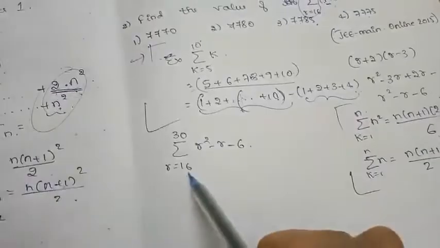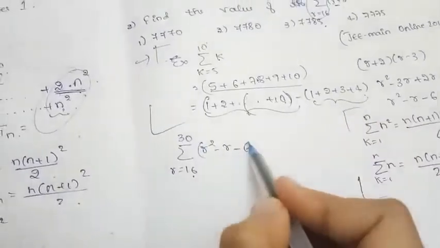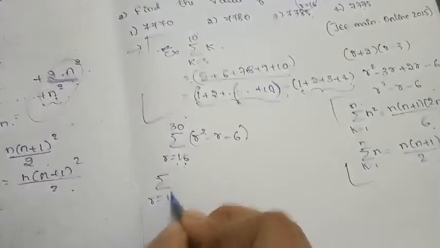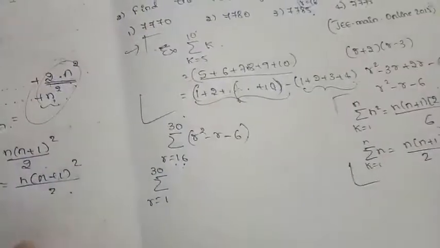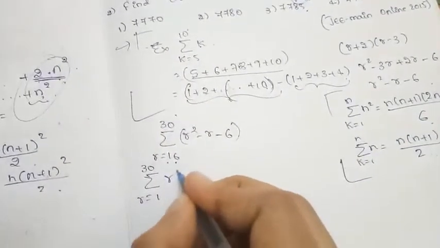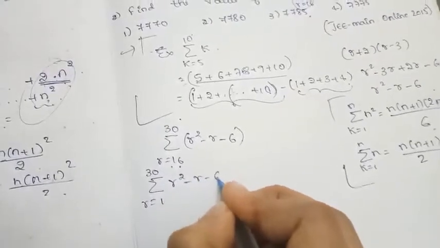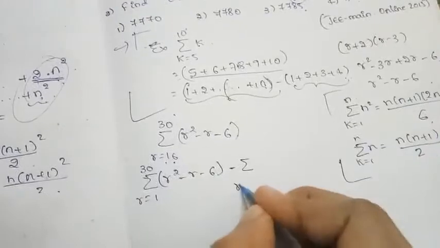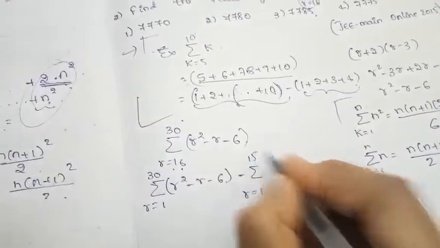We need the summation for r from 16 to 30. So I can write summation r equals 1 to 30 of r square minus r minus 6, and from that, I subtract the sum from 1 to 15.